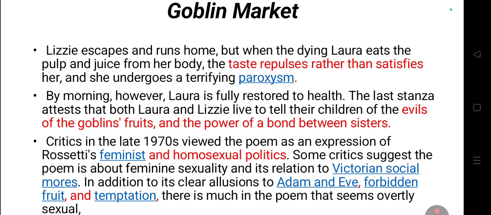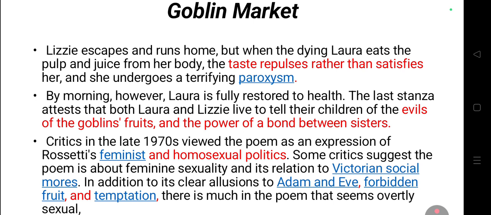When those symptoms are very much rampant, having a very high intensity, that becomes paroxysm. So highly intensified symptoms are visible now in her body. It means she worsens. But yes, by the grace of God, the next morning she is fully restored to health. Why?